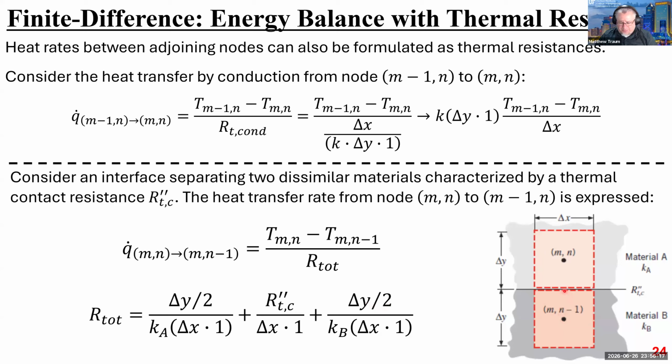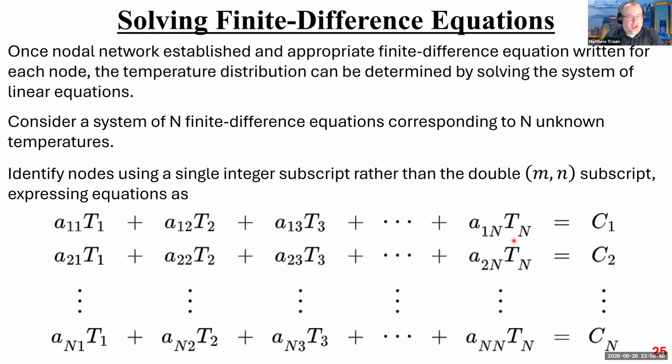It's again half the distance across an entire one of these regions, because that's the distance the heat travels from this interface to the node, delta y over 2, divided by K_B, the thermal conductivity of material B, and then divided by the cross-sectional area across which the heat traverses, which in this case is delta x multiplied by 1, where 1 is the length of the page. Okay, so I think we've pretty well beaten that into the ground.